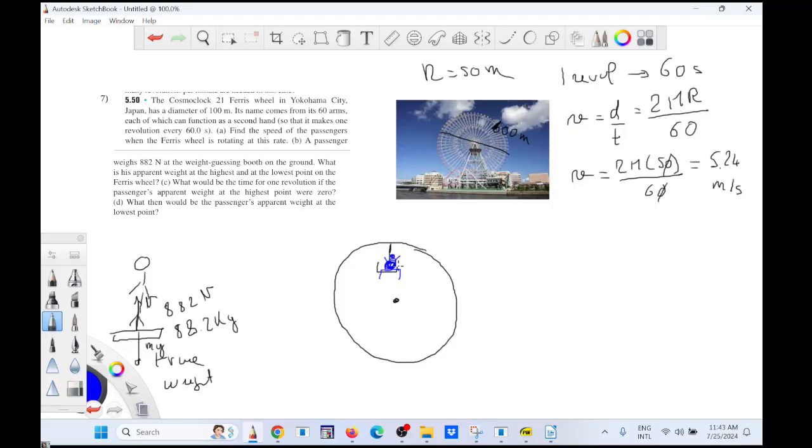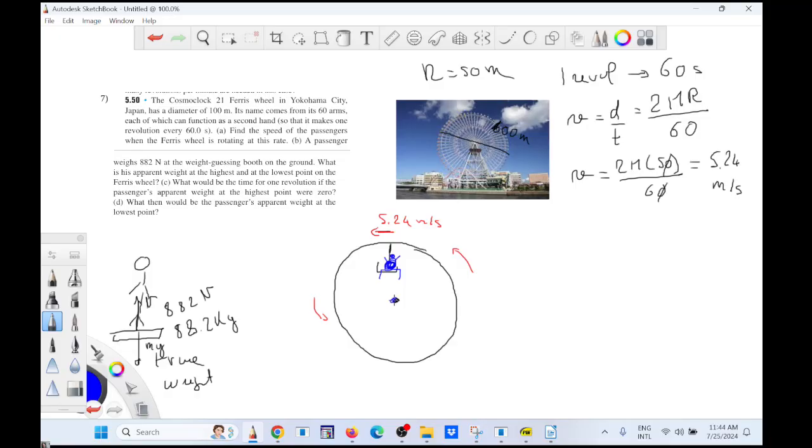Let's give it a head, and it has a velocity v here, 5.24 meters per second. So there is a rotation. Let's say the rotation is this way. So remember, each time you have a circular motion, you need a centripetal force, so a centripetal acceleration toward the center. Otherwise, off on a tangent it will go.